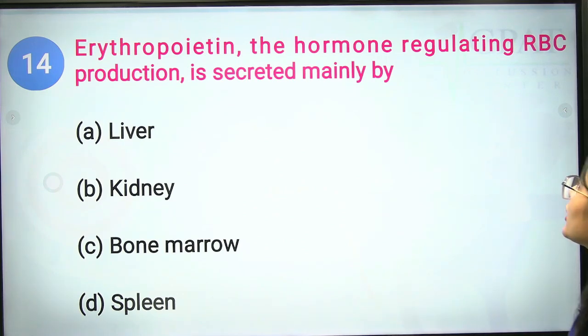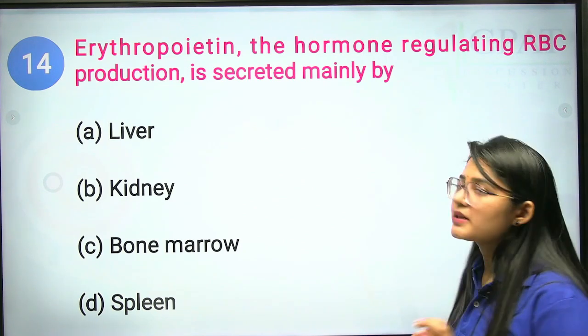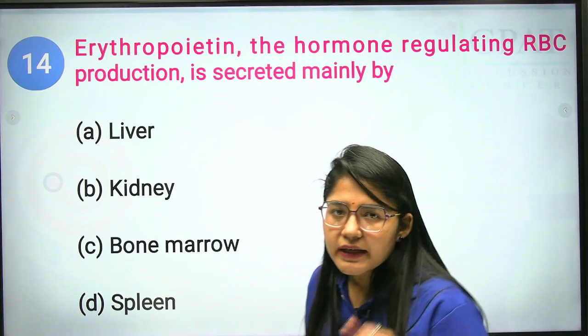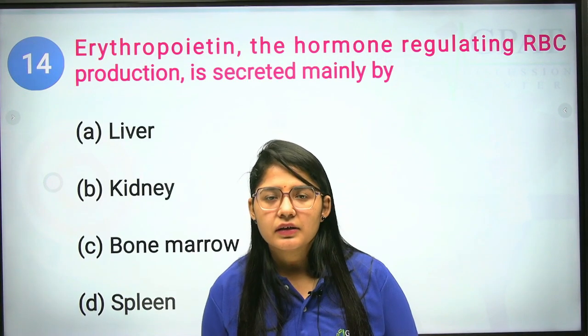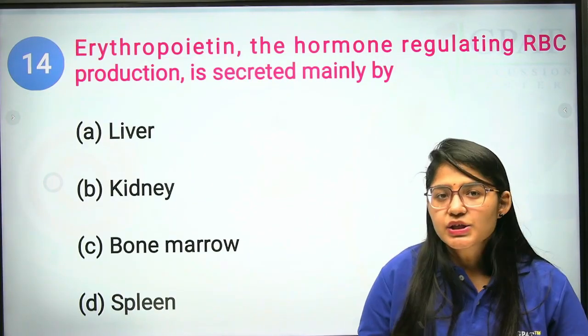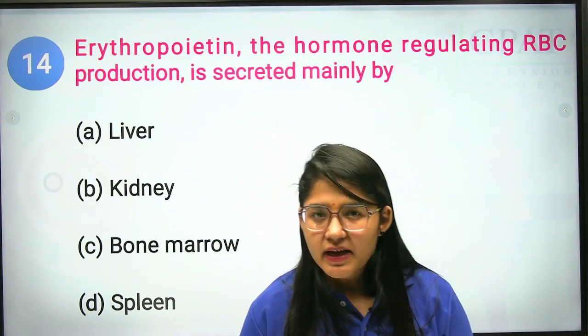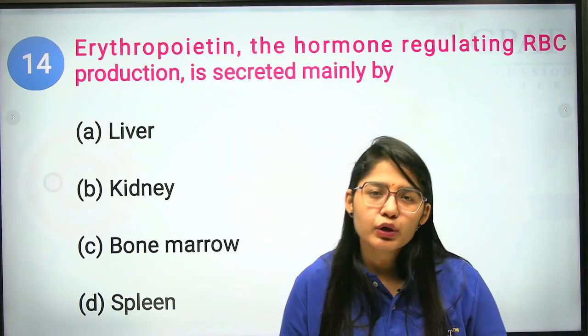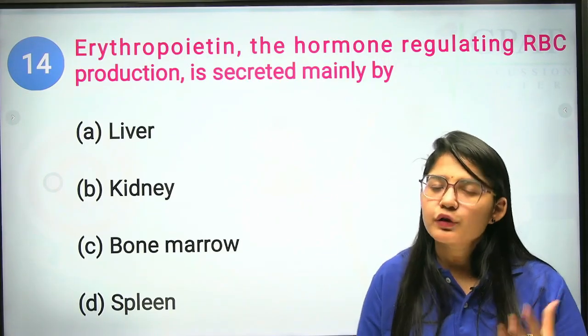Erythropoietin, the hormone regulating red blood cell production, is secreted mainly by the kidney. Whenever your kidney detects that the blood it is receiving lacks oxygen, it identifies that there is a decrease in hemoglobin, as hemoglobin is the carrier of your oxygen.